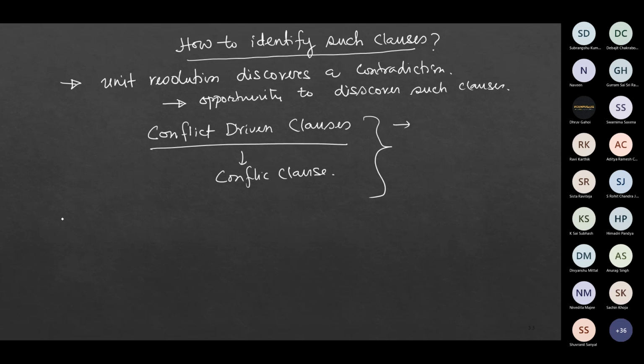After we have got these learned clauses, the next thing is how do we use them with NCB? We have talked about this part intuitively, but let us try to find a formal, methodological way of doing this. The method by which we'll be doing this is what we call conflict analysis.